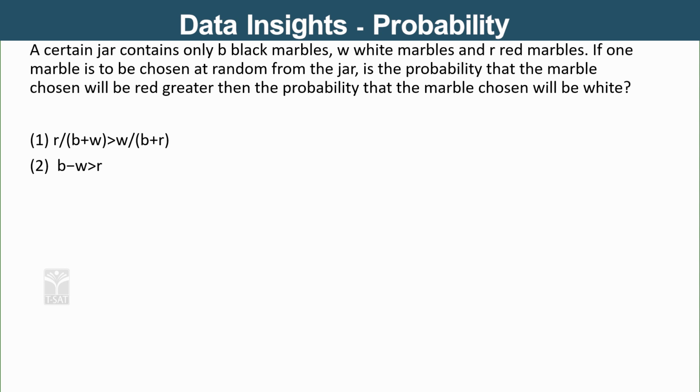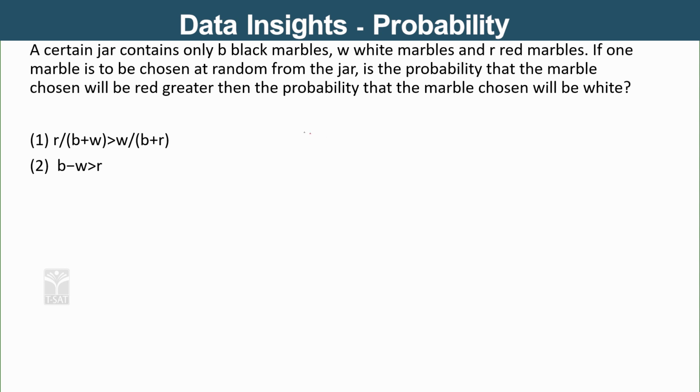A certain jar contains only B black marbles, W white marbles and R red marbles. If one marble is to be chosen at random from the jar, is the probability that the marble chosen will be red greater than the probability that the marble chosen will be white? Okay.